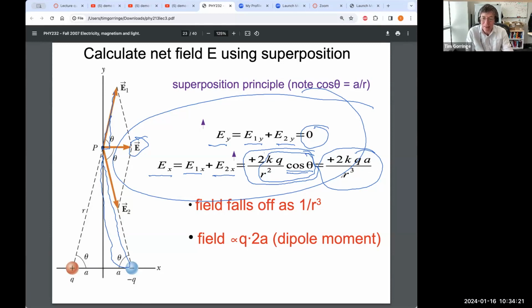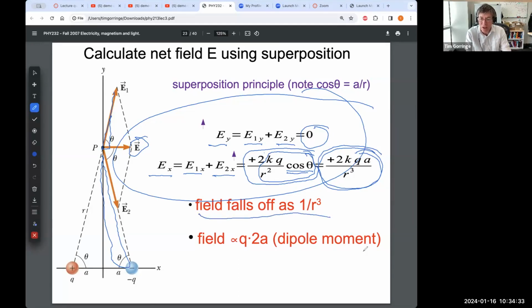The reason I did that is that this tells me a very interesting thing about the resulting electrical field of the dipole. Actually it tells me two very important things. One important thing is that the electrical field of the electrical dipole doesn't fall off as the square of the distance.